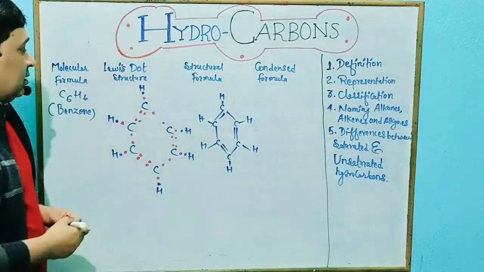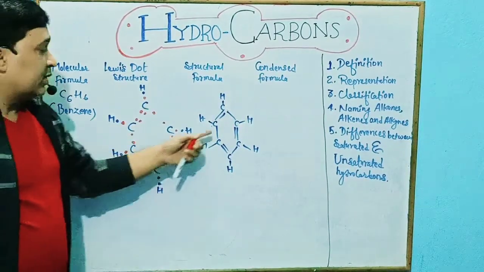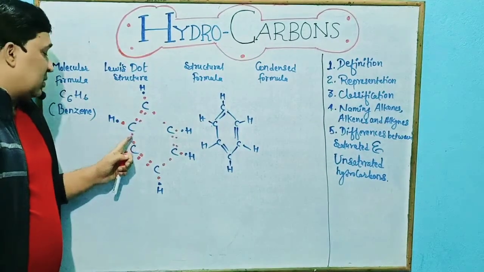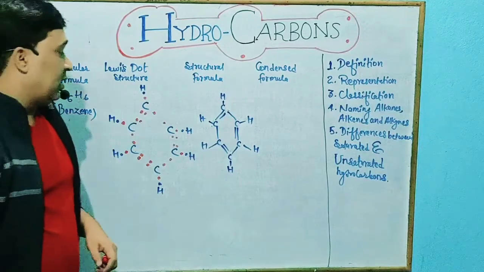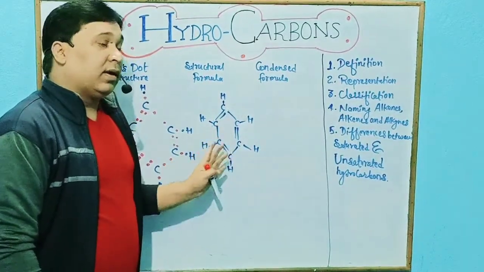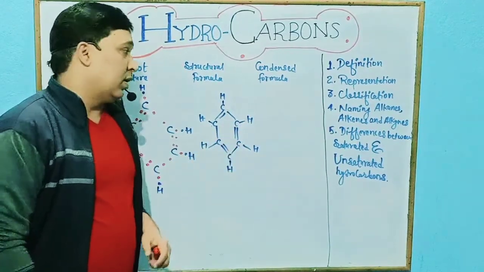So you can see that there is a double covalent bond between these two carbon atoms. So we have represented it by a double covalent bond. Leaving the next carbon atom, there is another double covalent bond. So in benzene, there are 3 double covalent bonds between the carbon atoms, and hydrogen atoms are linked with the carbon by a single covalent bond.